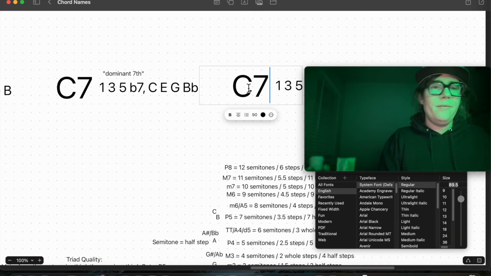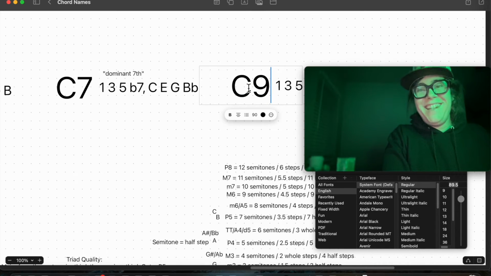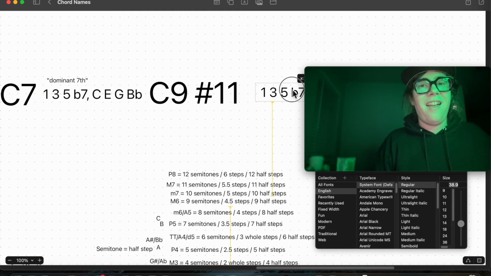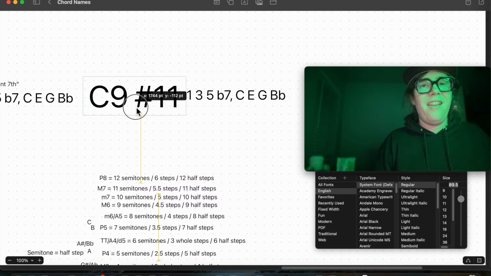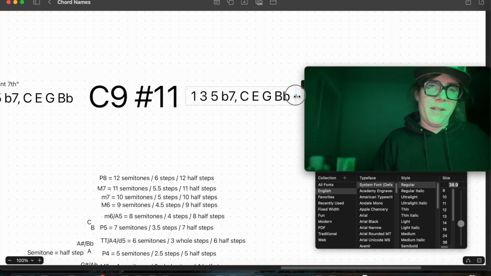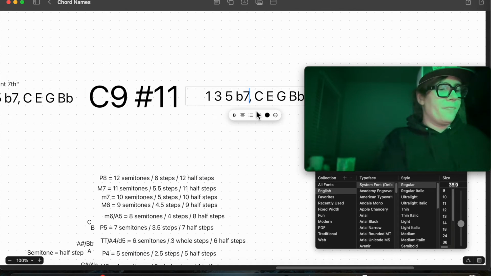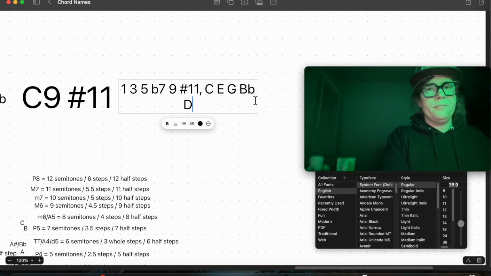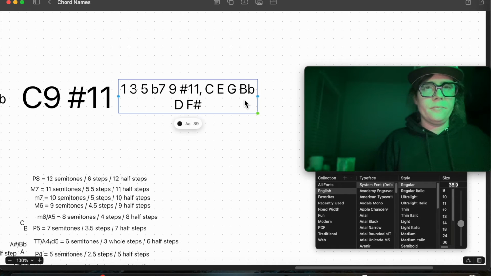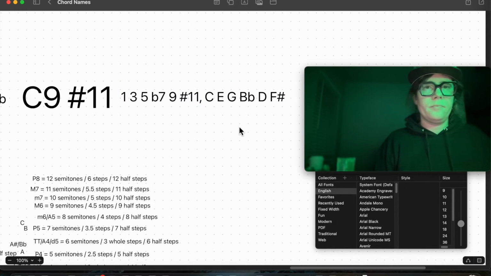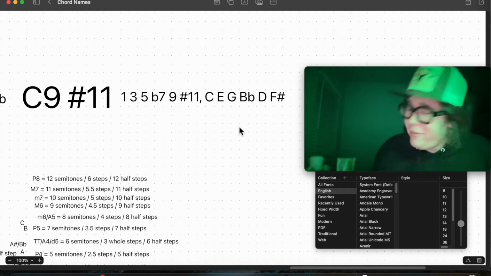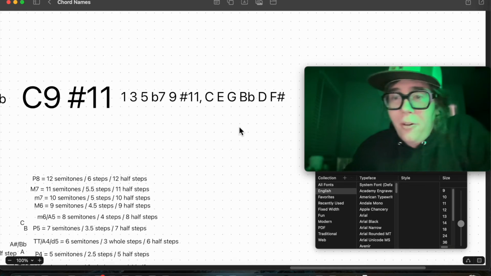Let's say I had C9, let me extend this too, so I have room. C9 sharp 11. Now, compare it to the C7.